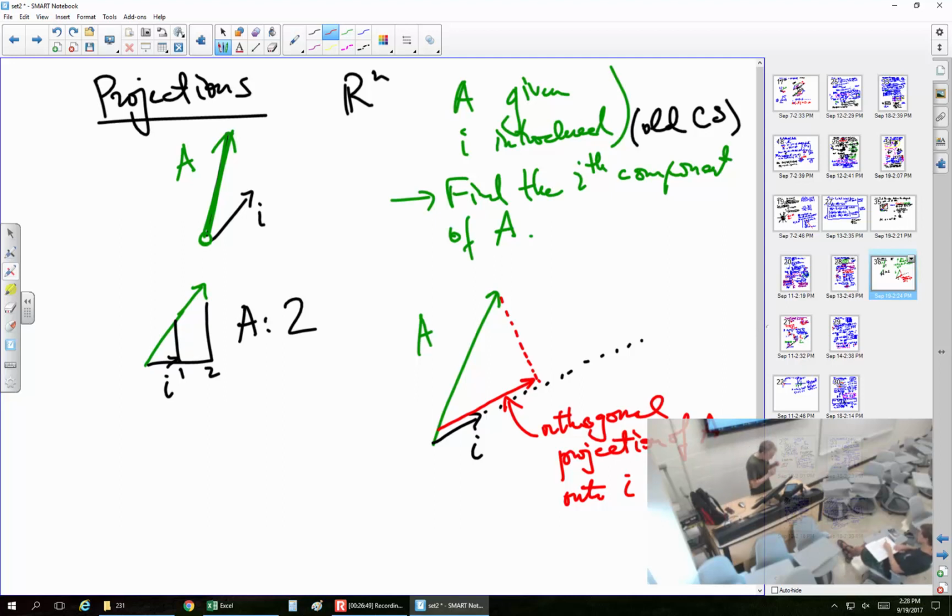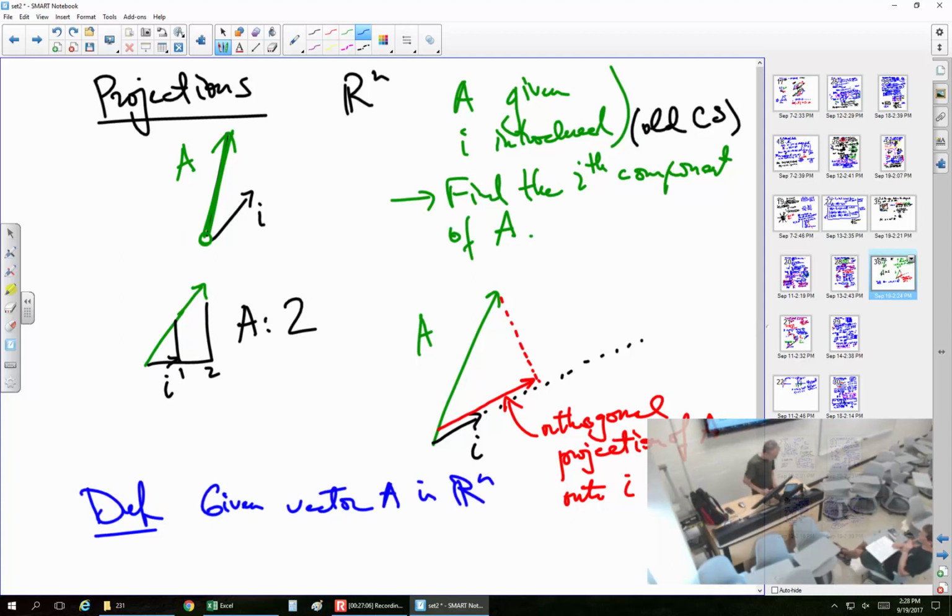Okay, so how it works then, and fortunately the problem is really not difficult. First of all, you define it explicitly. So given a vector A, and another vector, I don't know what to call it, I'll call it V, in Rn.